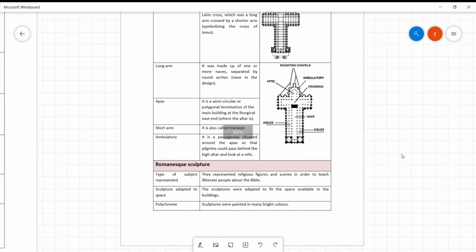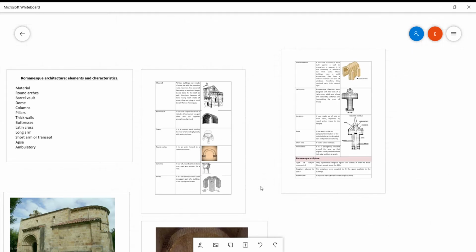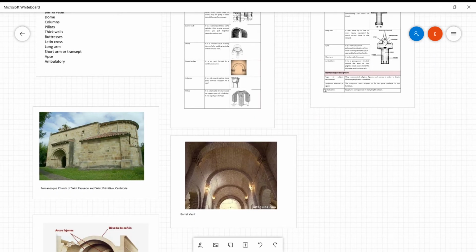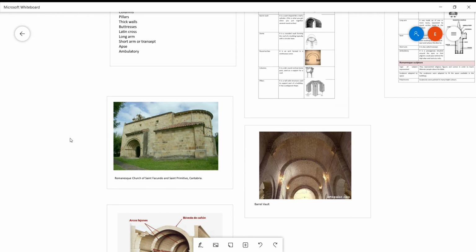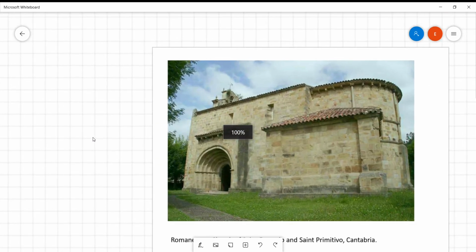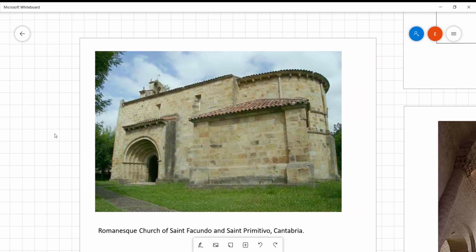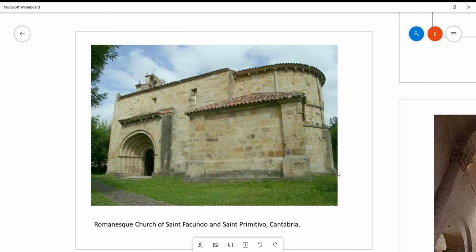Okay. Si vamos, we go to see some real pictures. For example, for the exam, if I show you this picture and you have to tell me 3 reasons or 2 reasons why this is a Romanesque or a Gothic church. Well, the first thing that we see here is that the church is in the middle of nowhere.